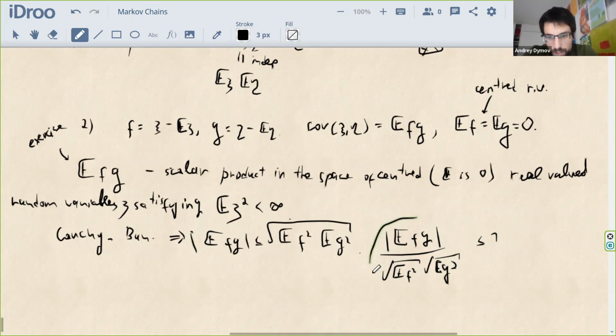But what is this? Look, this object in the numerator is just the covariance. And these objects are just the variances of psi and eta, because by the definition of f and j, this is just r psi eta.